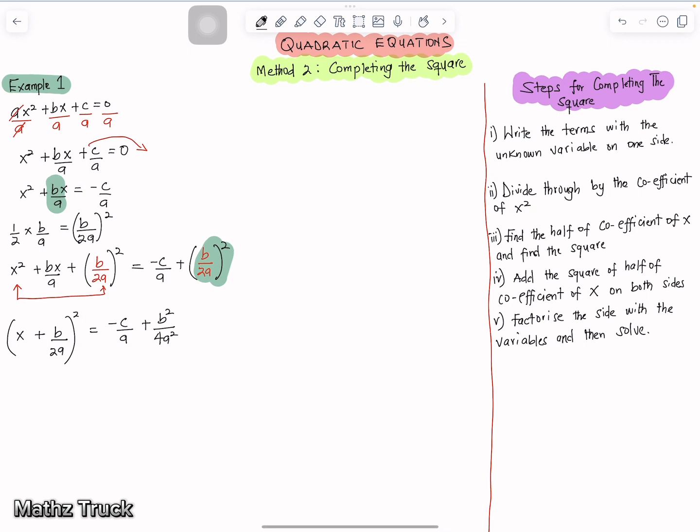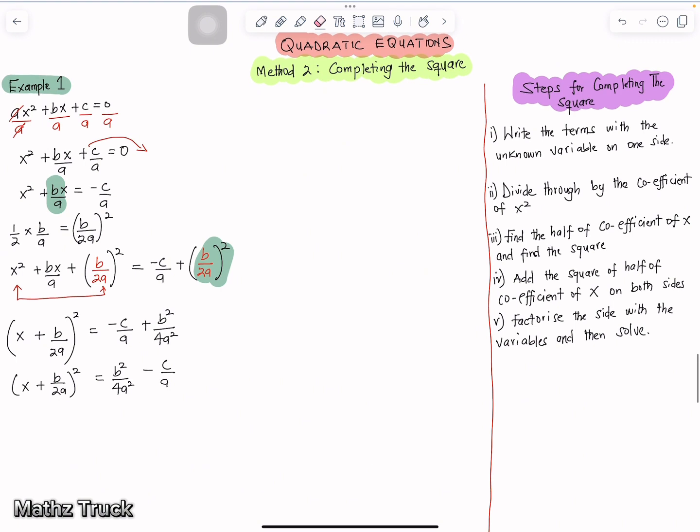Now we can rewrite this expression in a much simpler form. We have x plus b over 2a all squared equals b squared over 4a squared minus c over a.